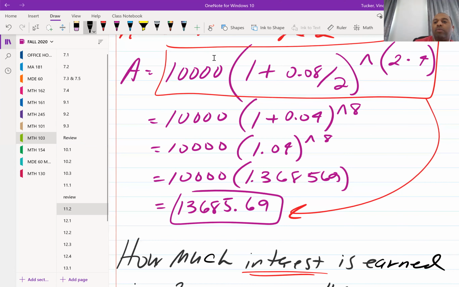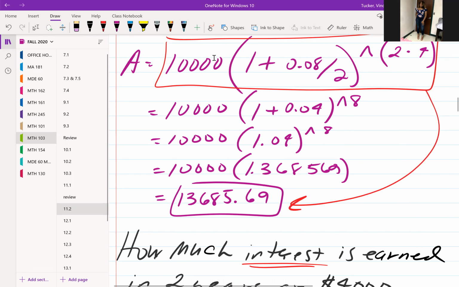All right, so what about your parentheses? On the exponent I should have parentheses? Yes. You should write it exactly the way I wrote it. Parentheses 2 times 4, close parentheses. Okay, thank you. Not a problem.